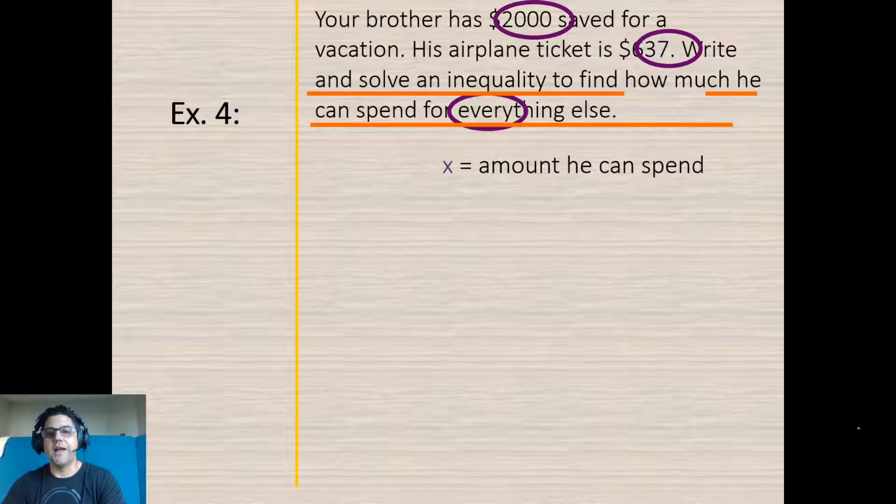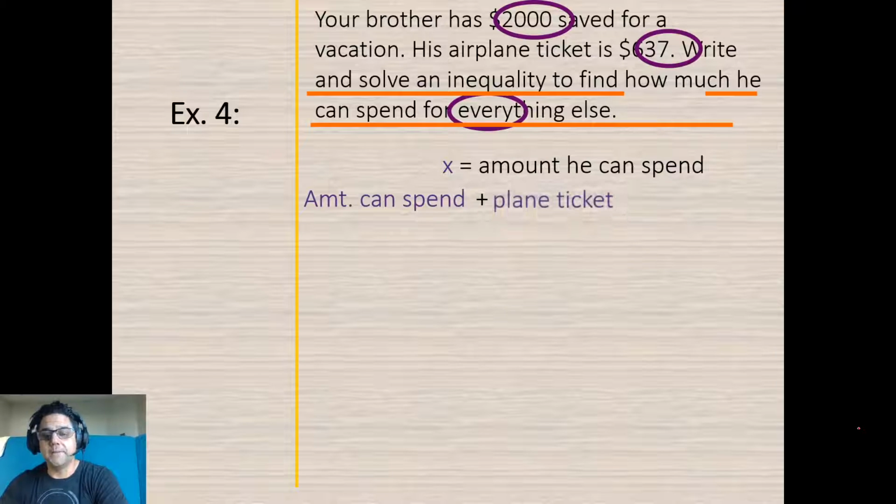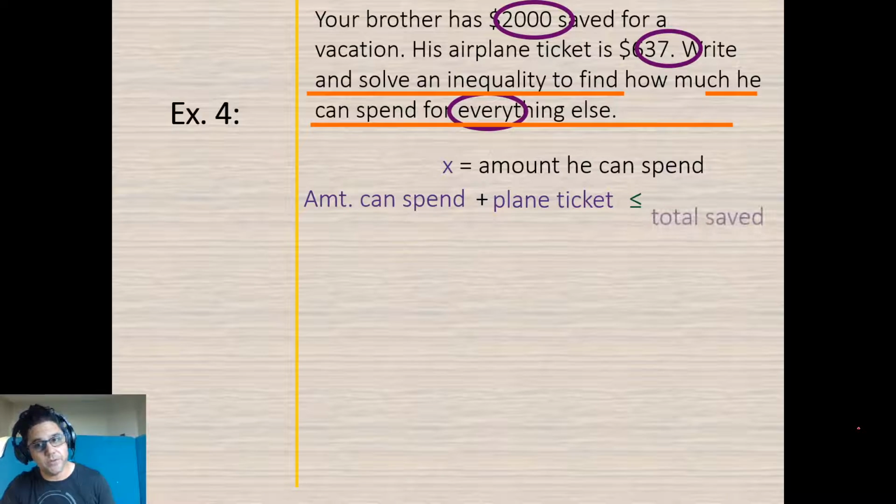All right. So x, that's our variable. You can say n if you want to. The amount he can spend on everything else. Those two items added together, the amount he can spend on everything else plus the plane ticket, cannot be greater than $2,000. It has to be less than or equal to $2,000. That's the total he saved, right?